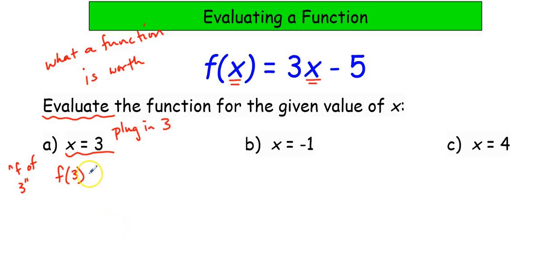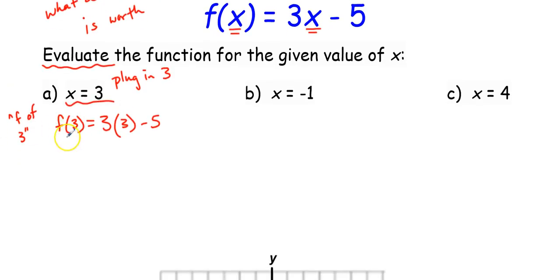So we say f of 3 equals 3 times, and I see another x up here, so I replace that, 3 minus 5. If I simplify this right side, the f of 3 just stays the same, and when I plug in 3, my output looks like this: 9 minus 5 equals 4.